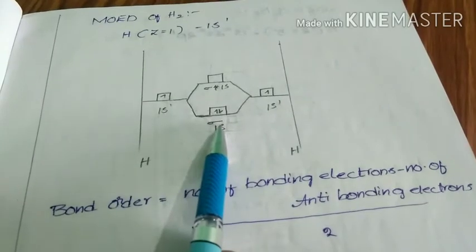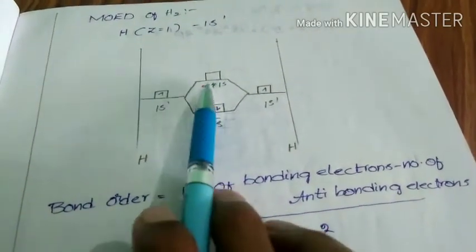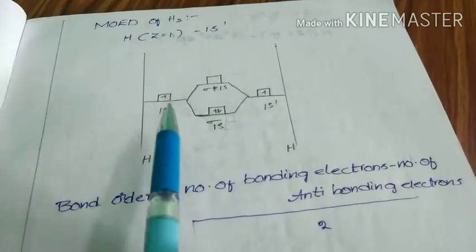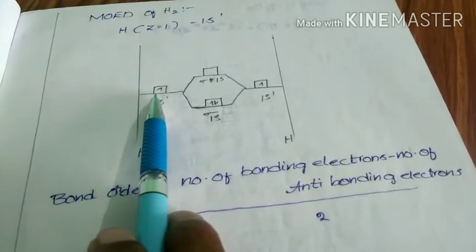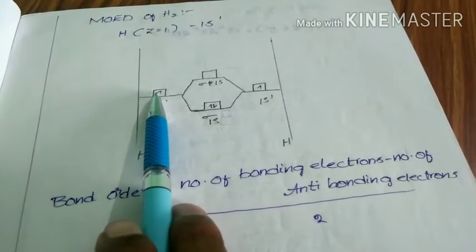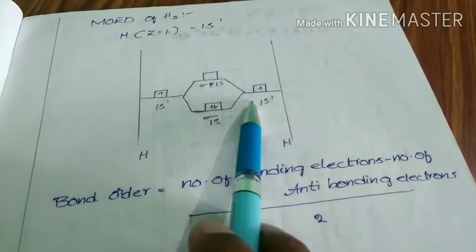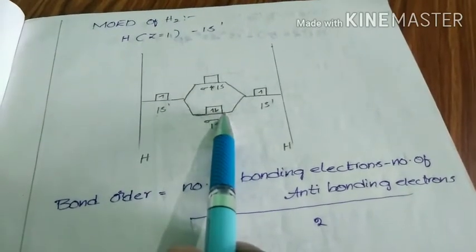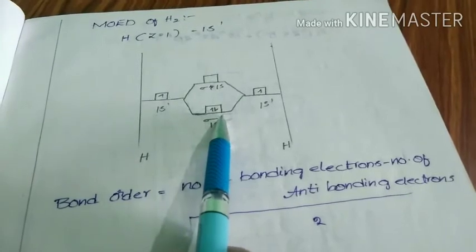Next, after forming the orbitals, electrons are filled. How many electrons are present in the atomic orbitals? Two. This is one electron, this is one electron. Now these two electrons go into the lower orbital, because any orbital can have a maximum of 2 electrons.